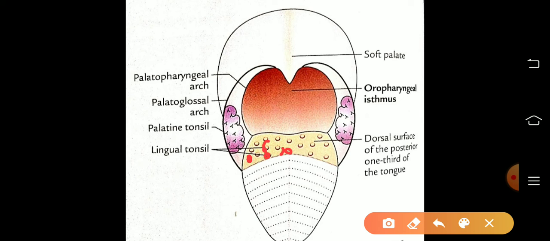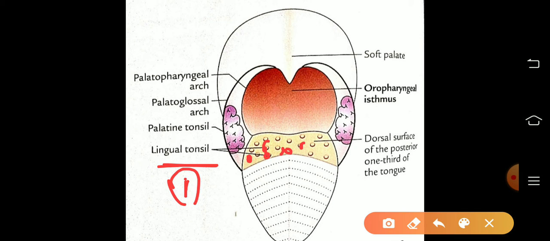This nodular protrusion is called the lingual tonsil, and it is also formed by lymphoid tissue. This is the first peculiar feature of the anterior wall.